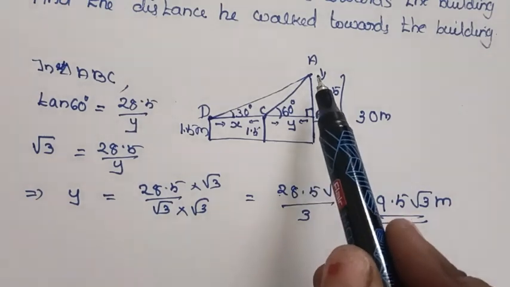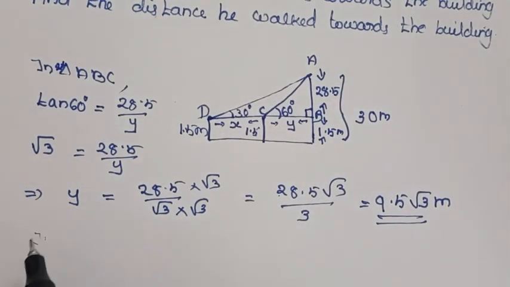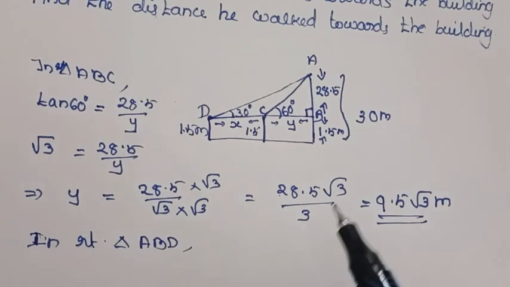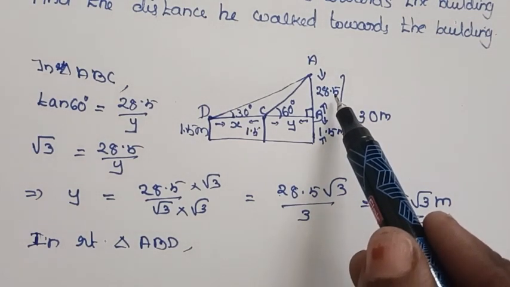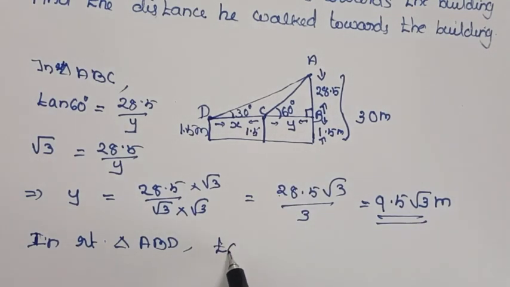Now take the second triangle, that is right triangle ABD. Again we have to connect opposite side and adjacent side. So take tan 30.